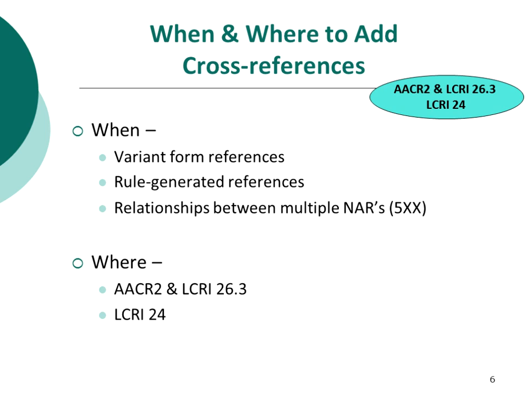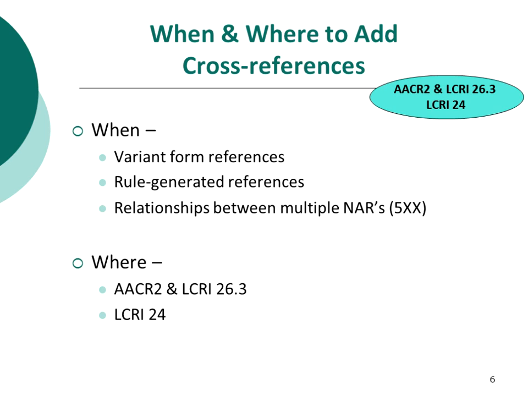And another area where you need to consider cross-references is rule-generated references. The rule-generated references are called for by the rule because the rule tells you you have to do that. So we would not need a 670 justification for the rule-generated references.